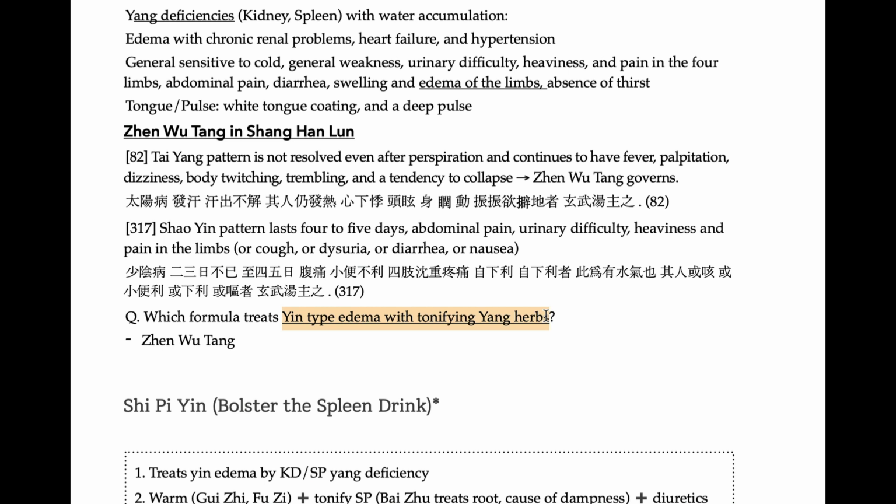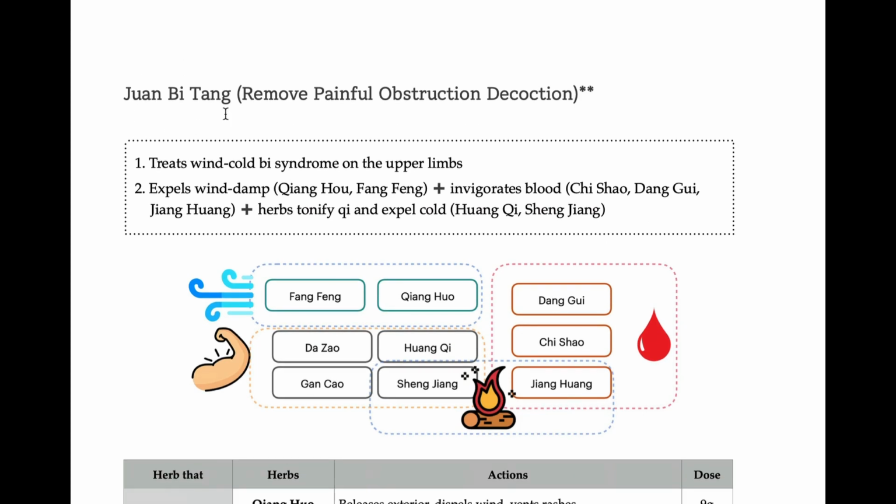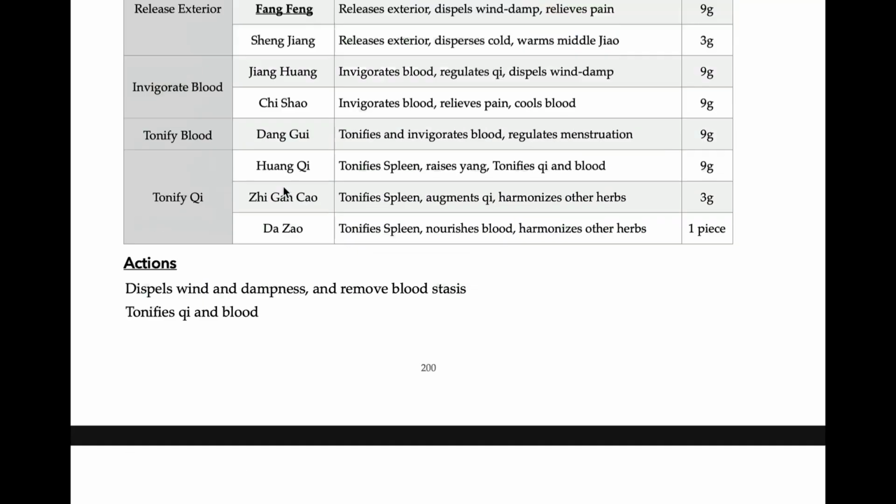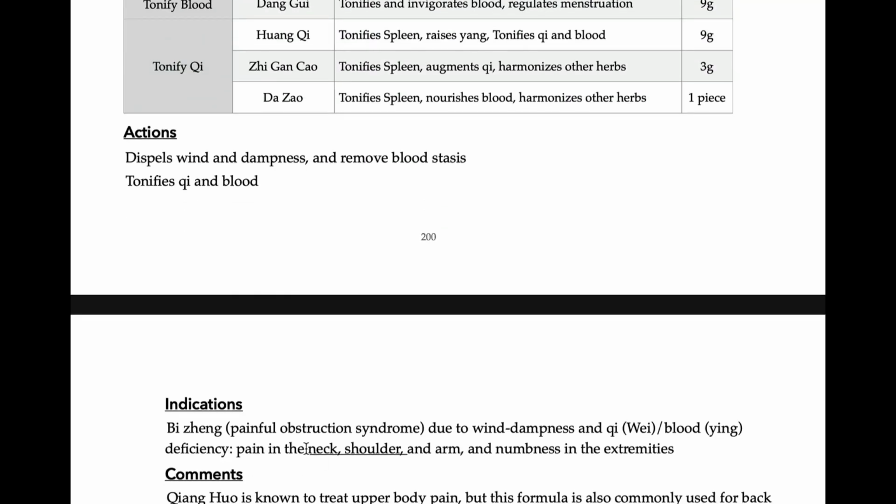That is Zhenwutang. And Juanbitang treats joint pain and releases damp heat. But qianghuo is added, not duhuo, so it is commonly used for the upper extremity. Qianghuo and fangfeng are the king herbs. So it is commonly used for neck and shoulder pain with wind and damp.